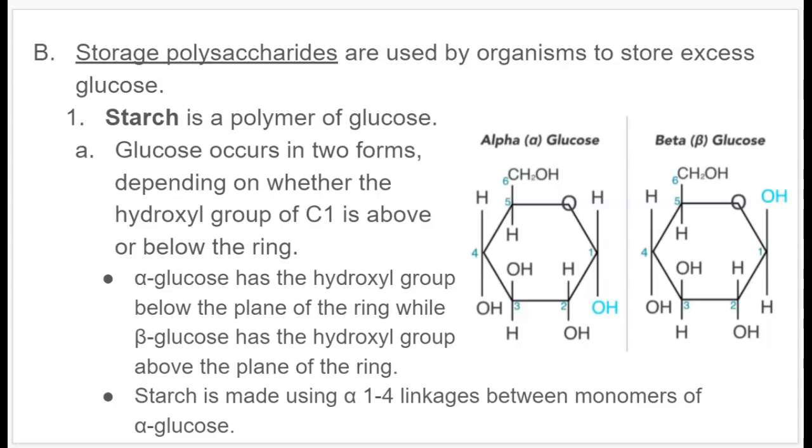All right, so the storage polysaccharides, remember again, are used to store that extra glucose. Remember, starch is a polymer of glucose, so lots of glucose molecules have been bonded together. There are two different types of glucose, one called alpha and the other called beta, and it just depends on where the hydroxyl group is above the first carbon.